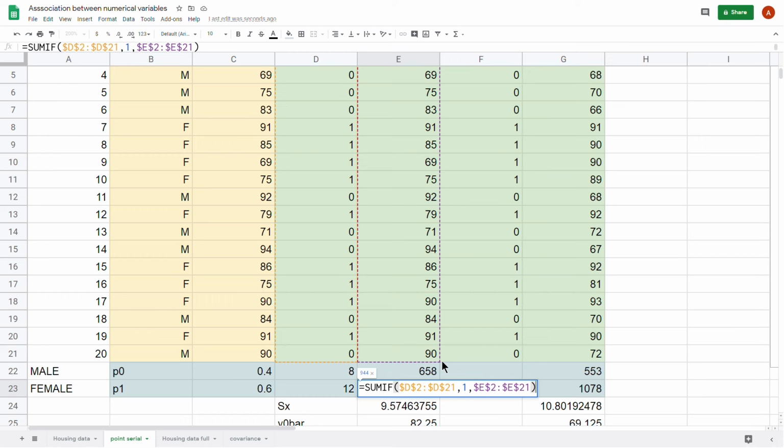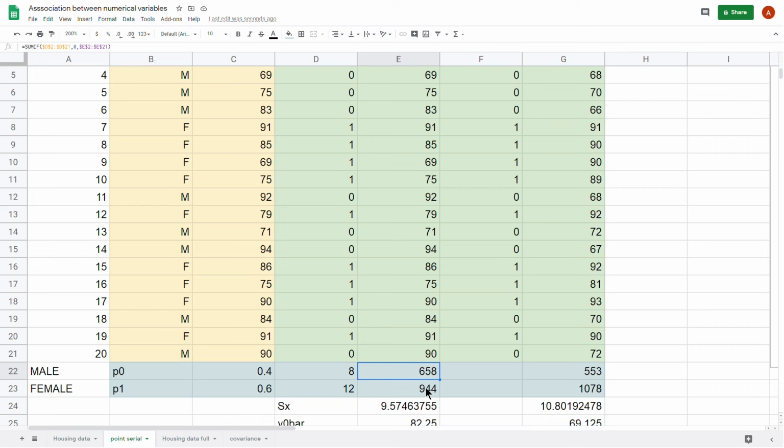So, this 944 represents the total marks obtained by female students. Similarly, 658 is the total marks obtained by all male students put together.